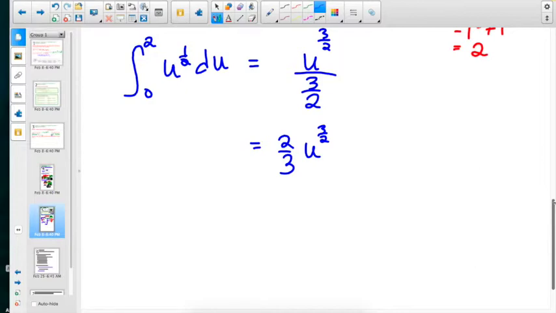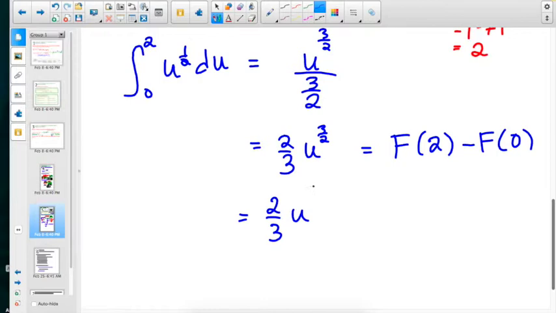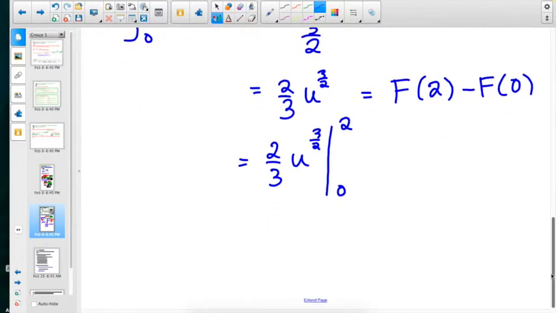So this is the notation. Actually, this is not the notation, but I'm going to go back to this. Remember this from the last chapter, right? And we just plug in the 2 and plug in the 0 and get our answer. That was the notation getting you ready for this chapter. The real notation is this. Once we have the antiderivative, when we evaluate it at the upper and lower bounds, we just draw a big vertical line, because that big vertical line tells us we have the antiderivative, and we're going to evaluate it at 2 and 0.